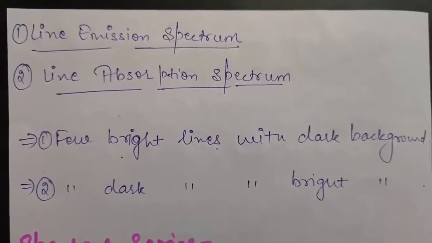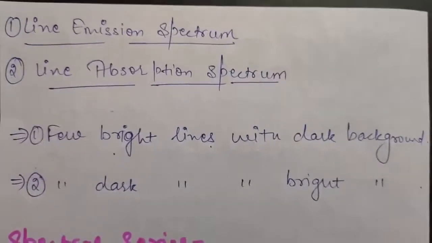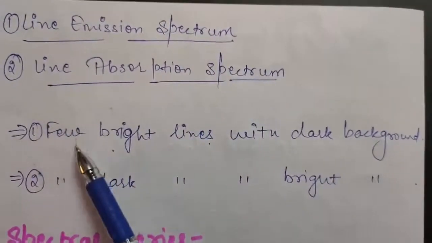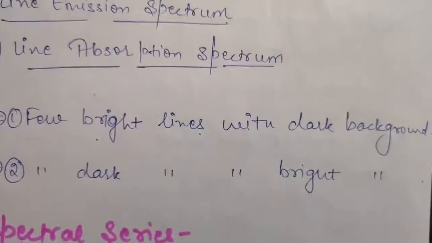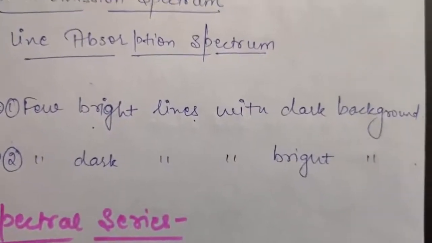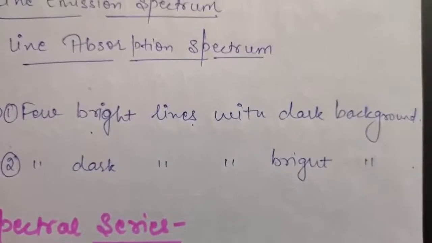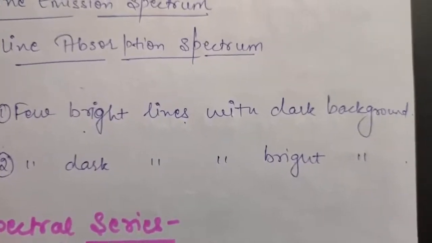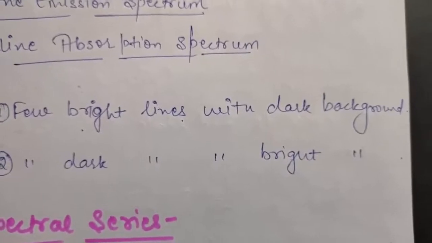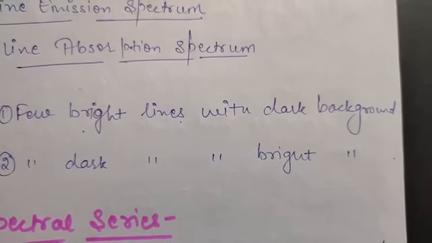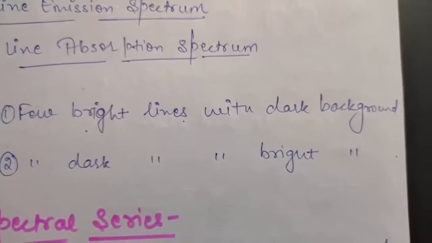So if you talk about how these spectra look, line emission spectrum means there will be a few bright lines in a dark background, which is called line emission spectrum. That means the lines which are being observed are showing those wavelengths or frequencies of the electromagnetic radiations which are being emitted.